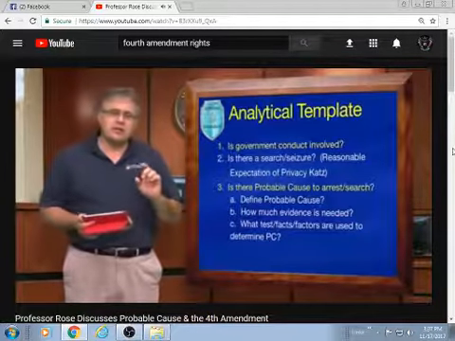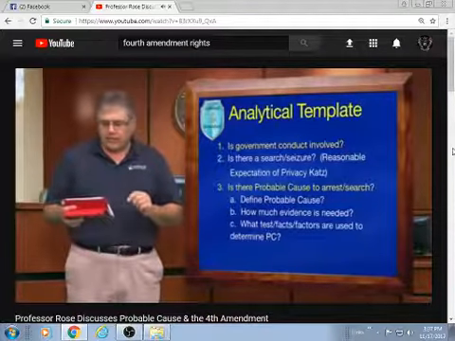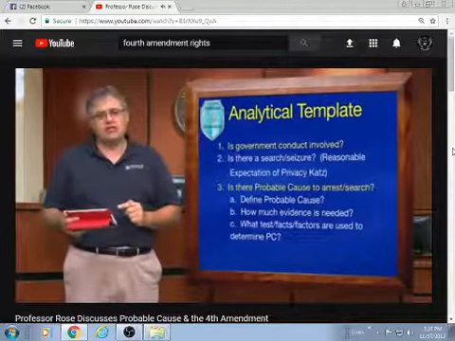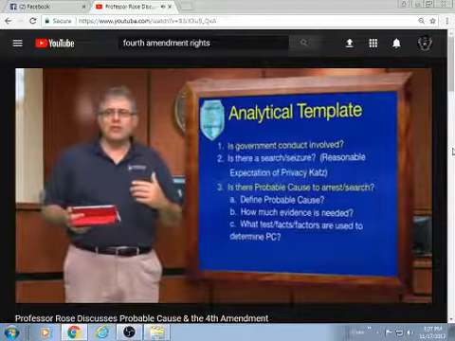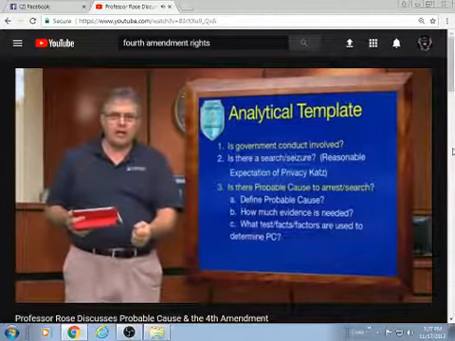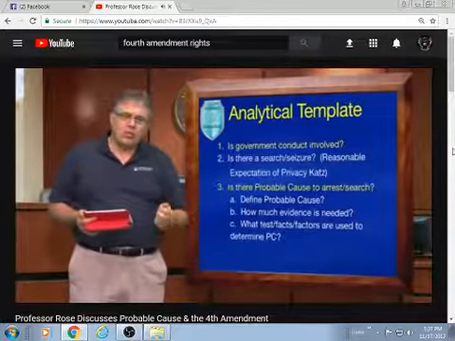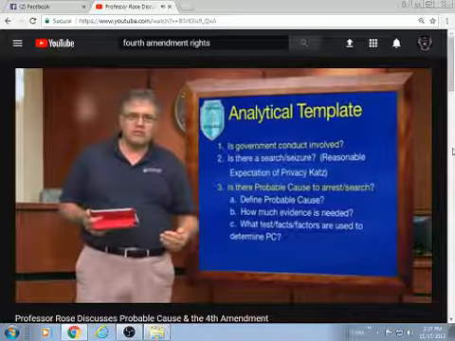Now, once I have government conduct, the next question that I ask myself is, is there a search and a seizure? Well, how do I determine whether or not taking custody of someone's body or intruding into someone's space was a reasonable or an unreasonable thing to do?